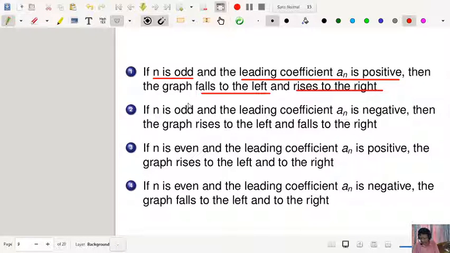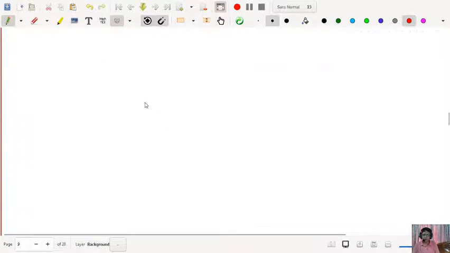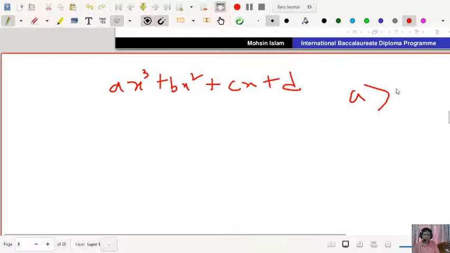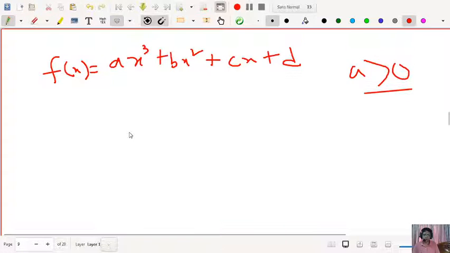So n is odd. Let us have a cubic polynomial, where n is odd and a is greater than 0. This is the polynomial function. How will you draw this?